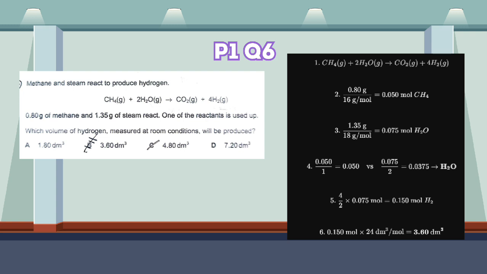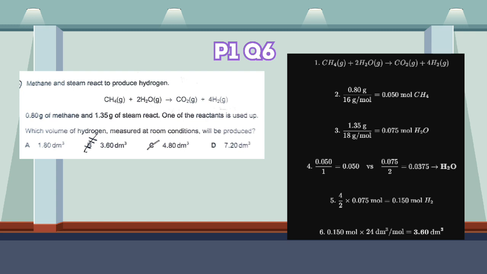For water, 1.35 grams divided by 18 gives us 0.075 moles. Now we must find the limiting reactant by dividing the moles by their coefficient.